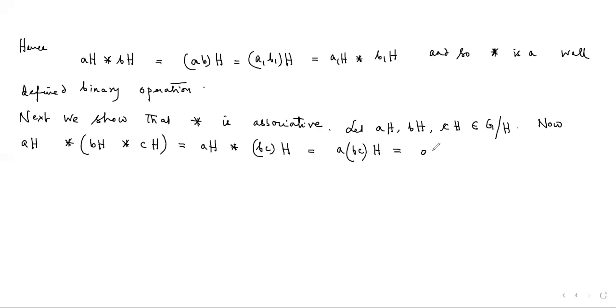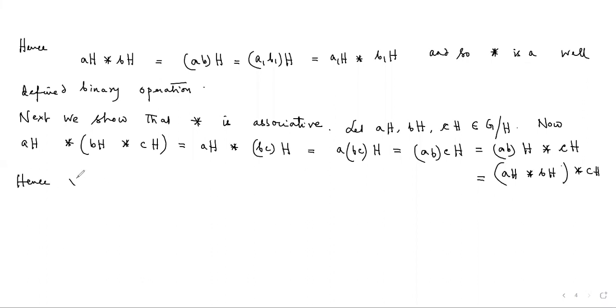That can be expressed as ABCH because A, B, C are associative. They are elements of the group. So we can rewrite them as ABH star CH, and this can be written as AH star BH star CH, and hence star is associative.